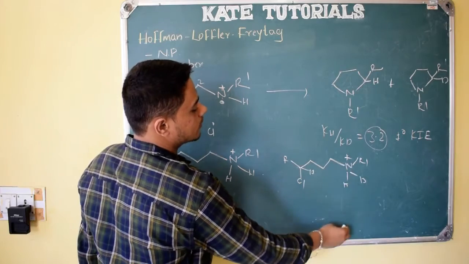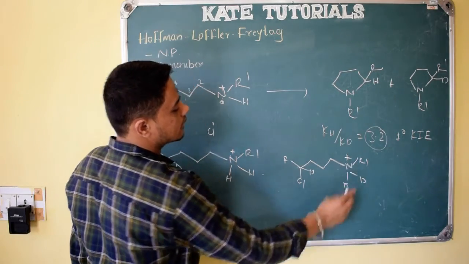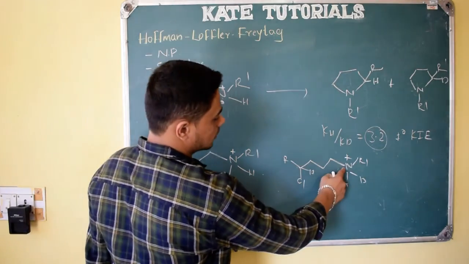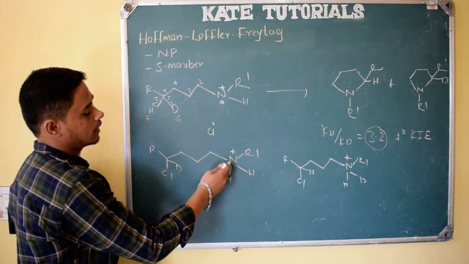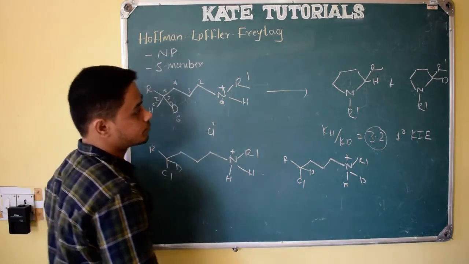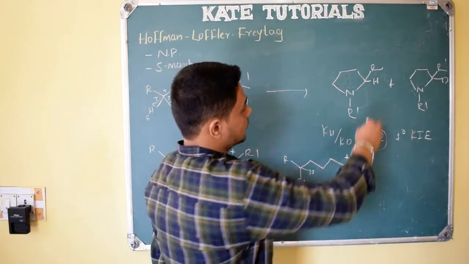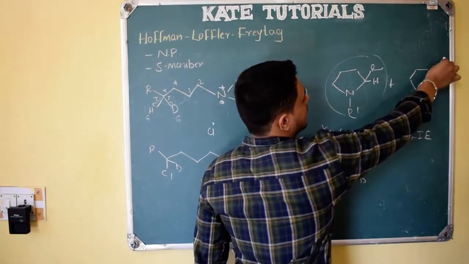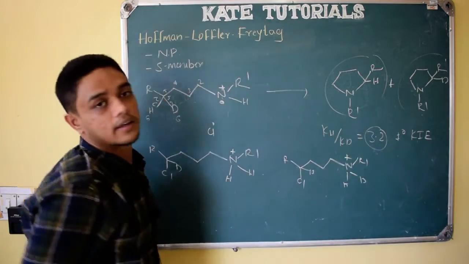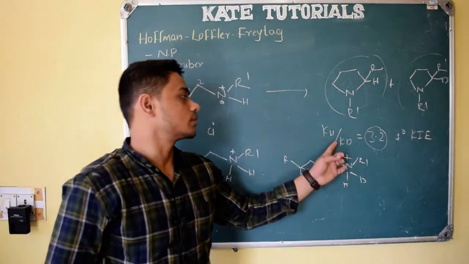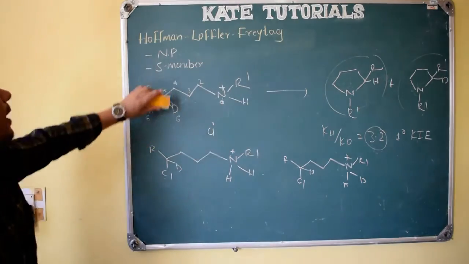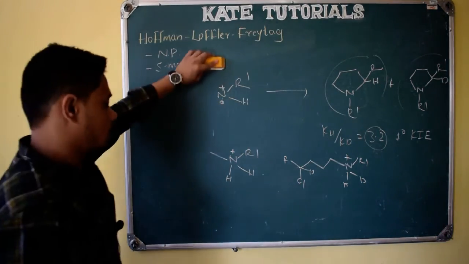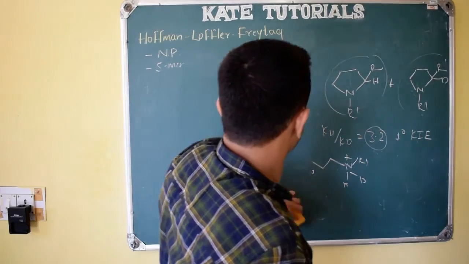So next the base will take this proton, and electron density will be there on nitrogen, and it will do the SN2 reaction. Here also the base will take the proton and SN2 reaction, right? So one product we will get is this, and another product will be this. If we study the rate of reaction with hydrogen and deuterium, it was found to be 3.2, right? So it was a primary kinetic isotope effect, right?